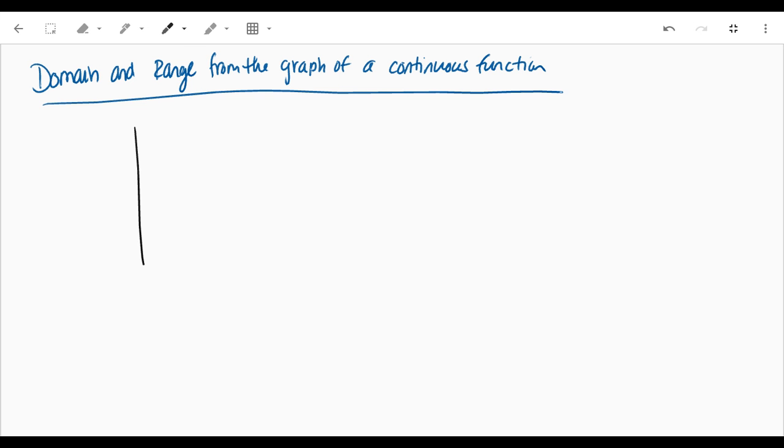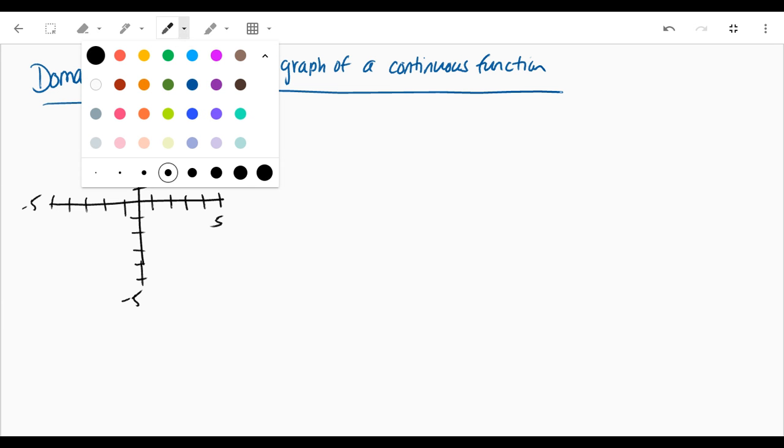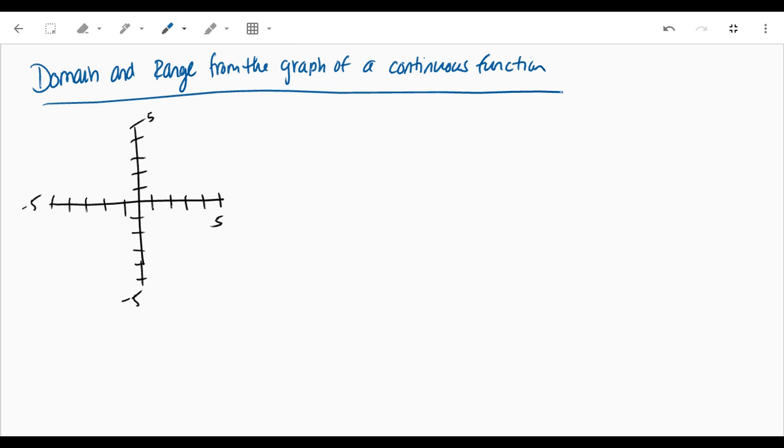Okay, so the one that I'm looking at right now, it takes me longer to draw it than to explain it. Okay, so we're at -2, 5. Okay, so this is the graph that's given to me.